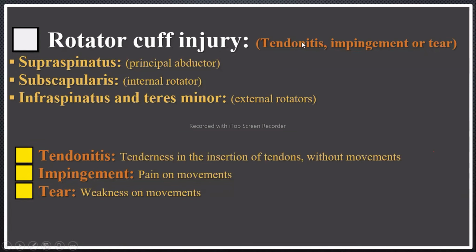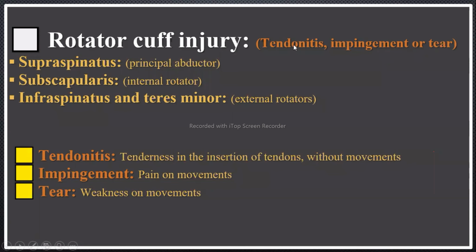So maybe tendonitis, inflammation in the tendon only, maybe impingement, where the patient has pain on movement, or tear. If the patient has a tear, it means he has weakness, right? So what is the difference between the 3?